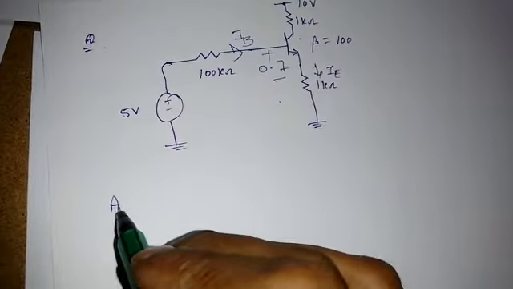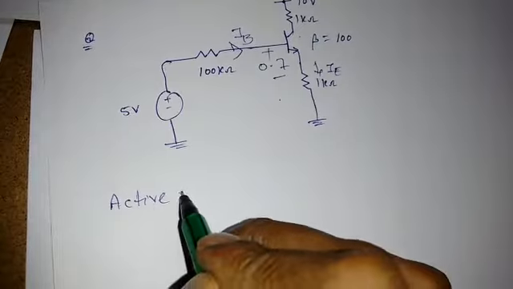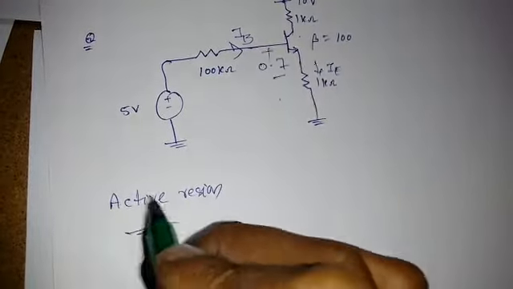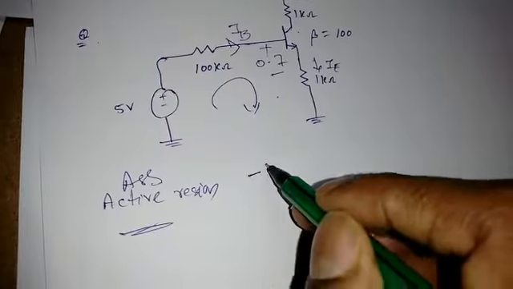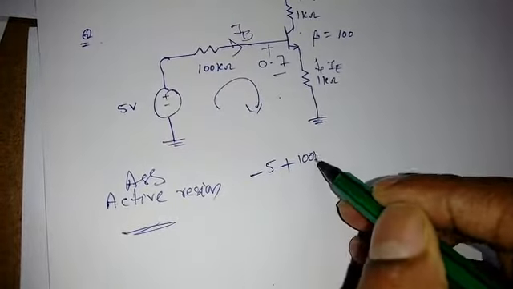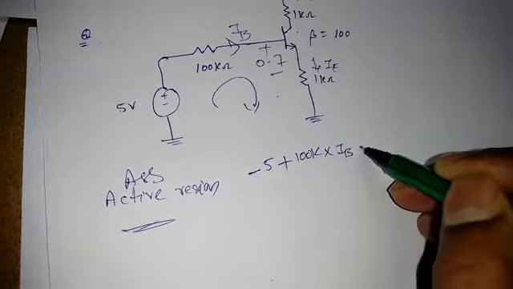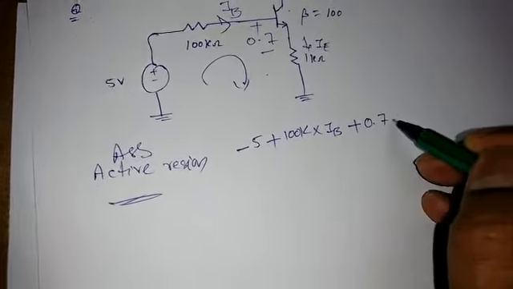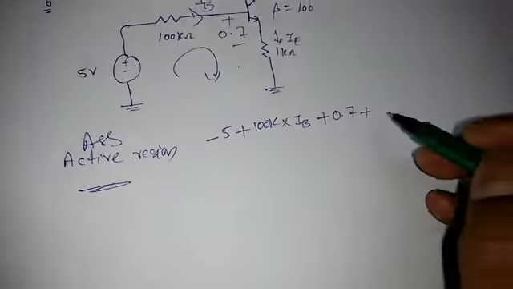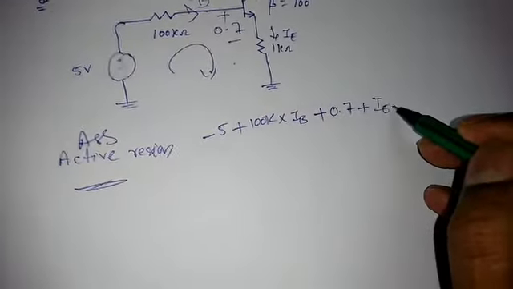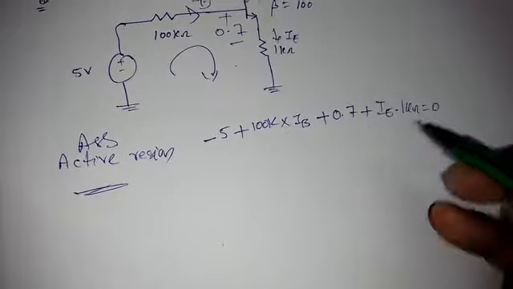This is the assumption. Now apply KVL. So it is minus 5 plus 100 kilo into IB plus 0.7 plus, previously it was not there, now it is there, IE into 1 kilo ohm is equal to 0.